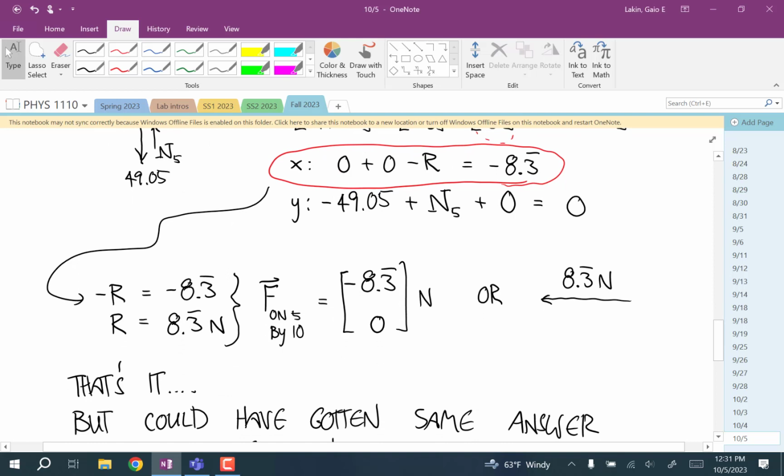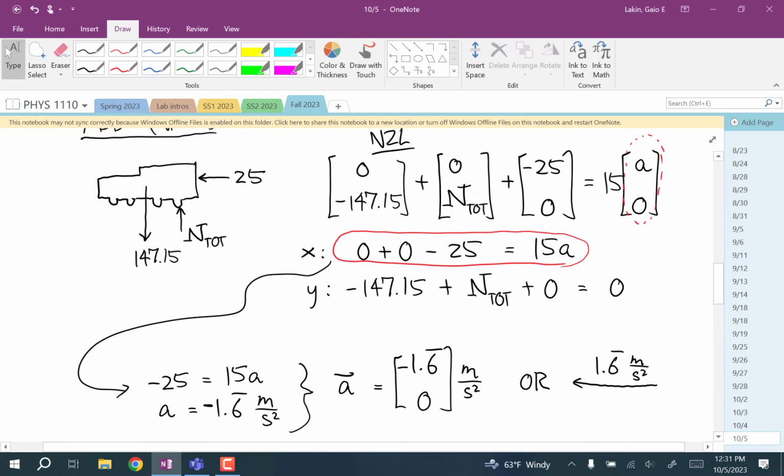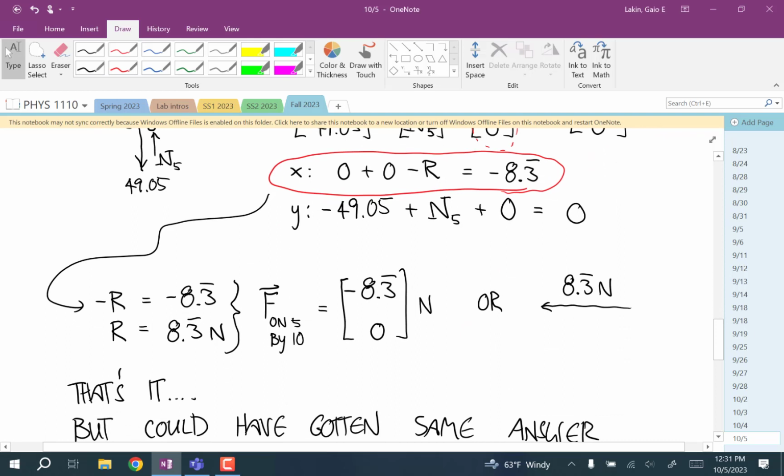How did we get the same answer with those two approaches? Yes, that's exactly right. In that first step where we found the acceleration, that 25 Newton force is sort of baked into the answer. And so when we use that acceleration later, that information is already in there. Anybody have any questions about that?